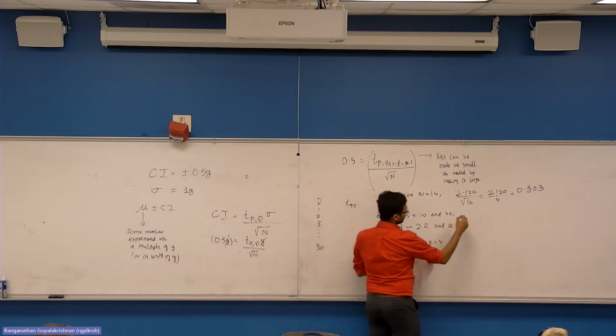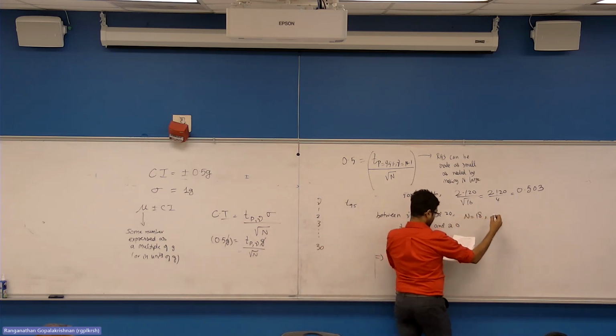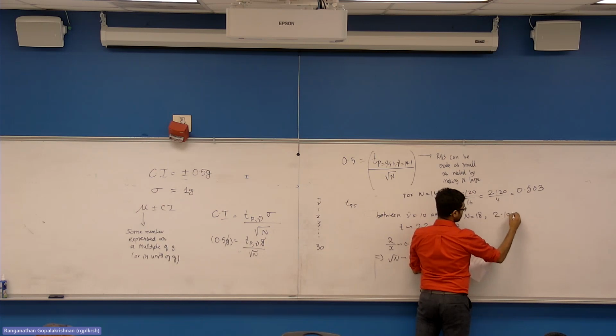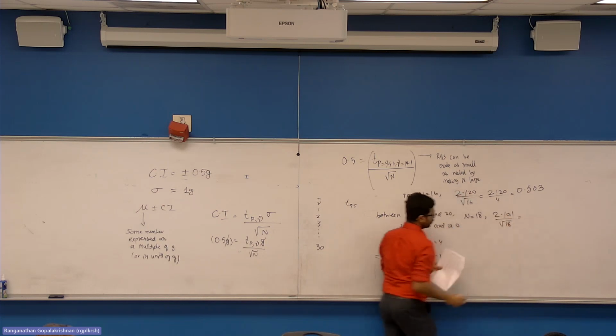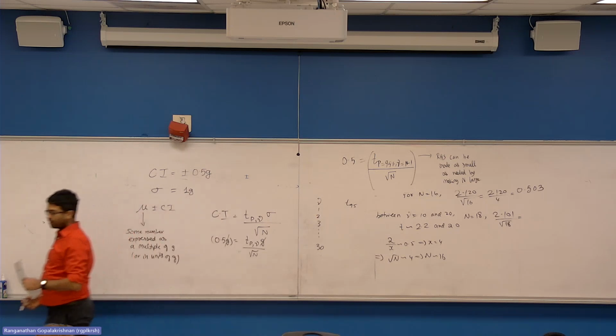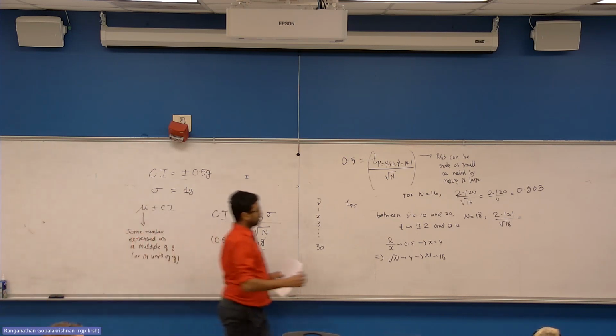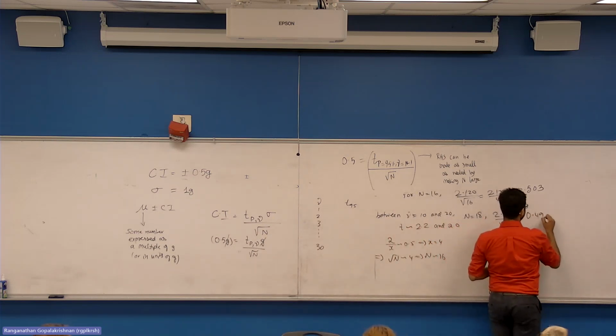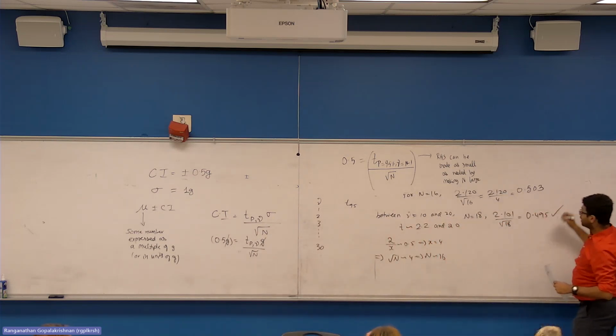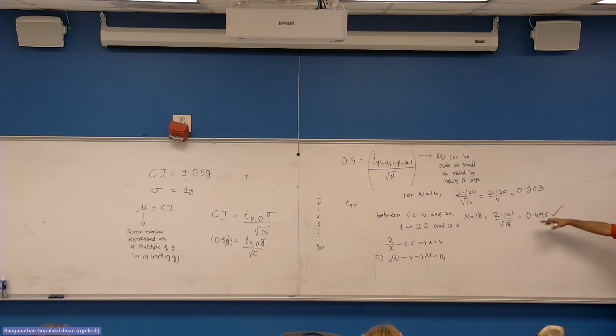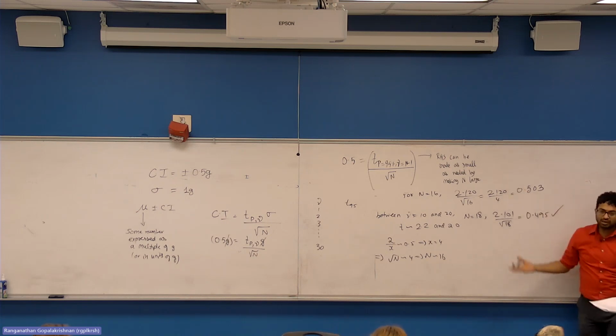If you did say n equals 18, you get 2.101 divided by square root of 18, which if you punch into your calculator, is 0.495. Perfect. We are under our 0.5 threshold. So 18 is a great choice. 16 is not bad. 18 or higher will satisfy that condition.